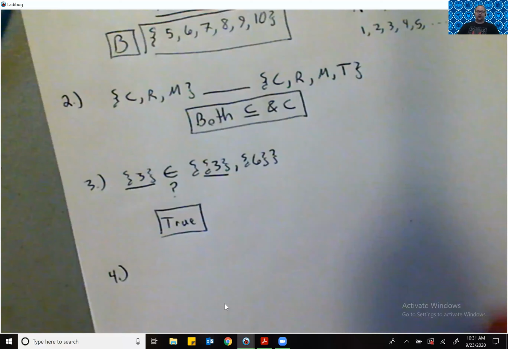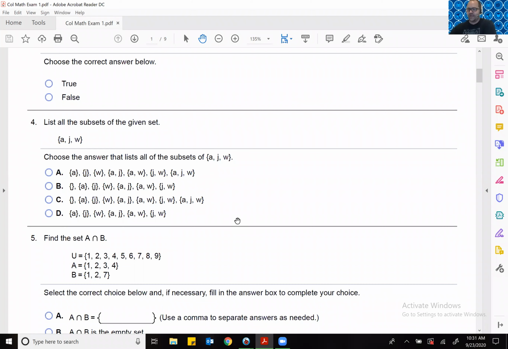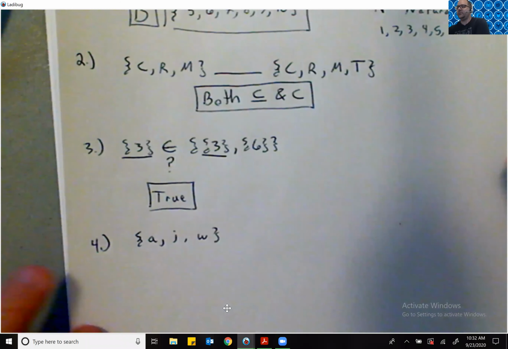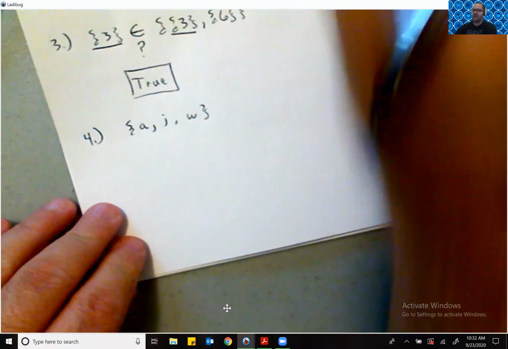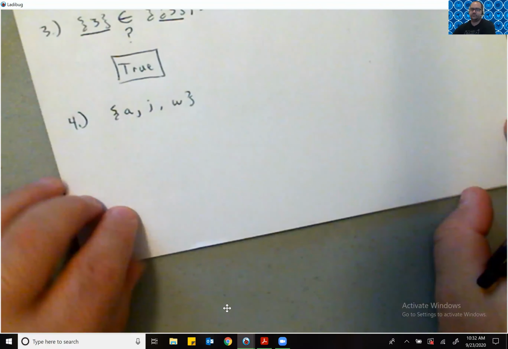Okay. Question number 4. It wants us to list all the subsets of A, J, W. All right, so we're going to do this. We want all the subsets of A, J, W. So talk to me. What are they going to be?